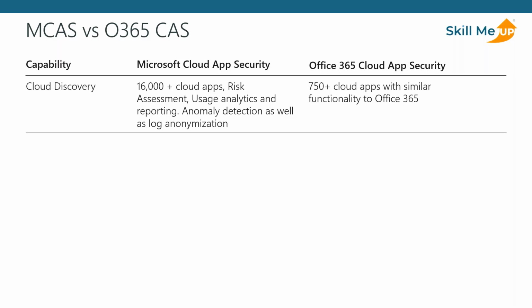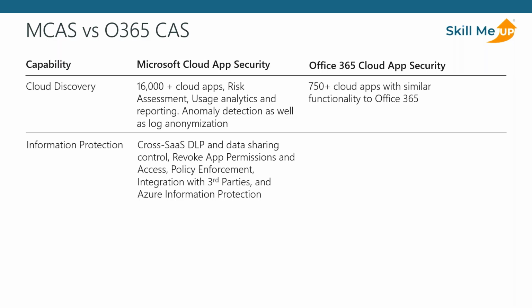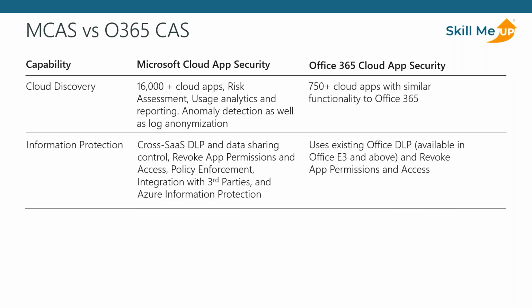Whereas the Office 365 version, that's kind of there out of the box, supports 750 cloud apps, which has similar functionality to Office 365. From an information protection capability, Microsoft Cloud App Security will do cross software as a service DLP, revoke permissions, policy enforcement, AIP enforcement, etc. Whereas the Office 365 version of that just uses the existing DLP that's available in E3 and above, and you can do some revocation of permissions and access.